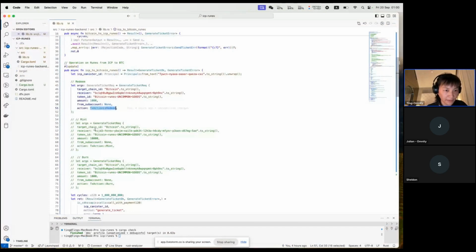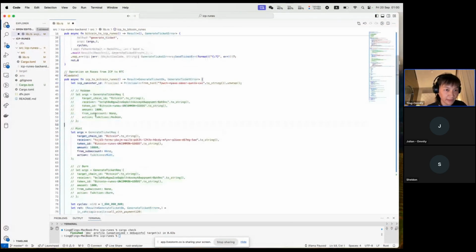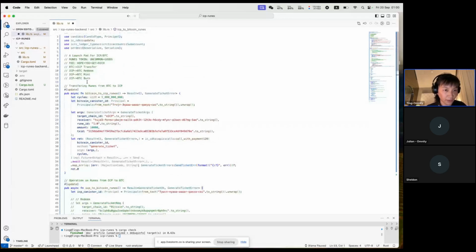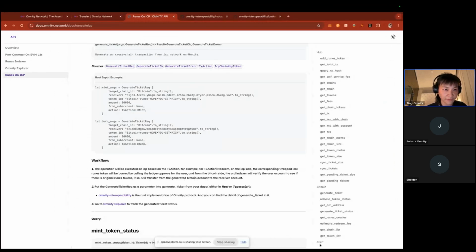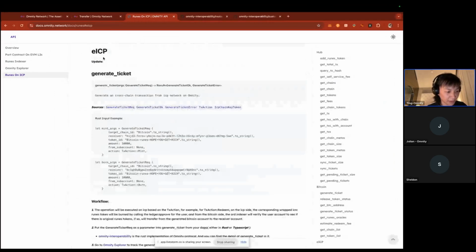Right, coming next is the mint process, which is bridging the Runes from the ICP side. And for minting the Runes from ICP, we still need to go to generate ticket here from the ICP.